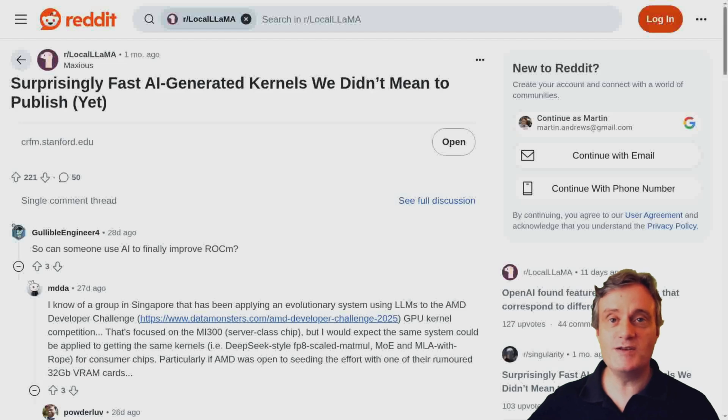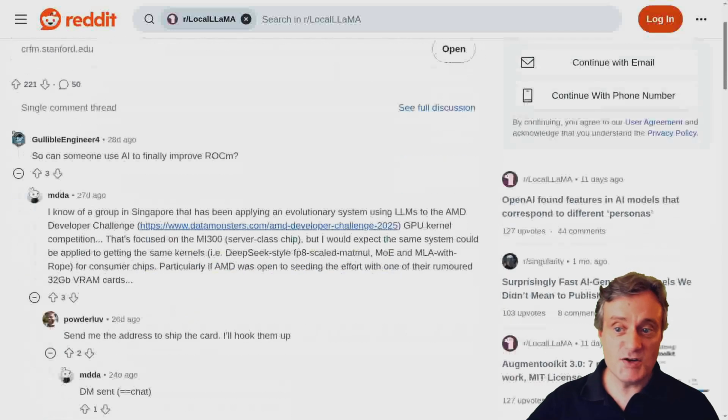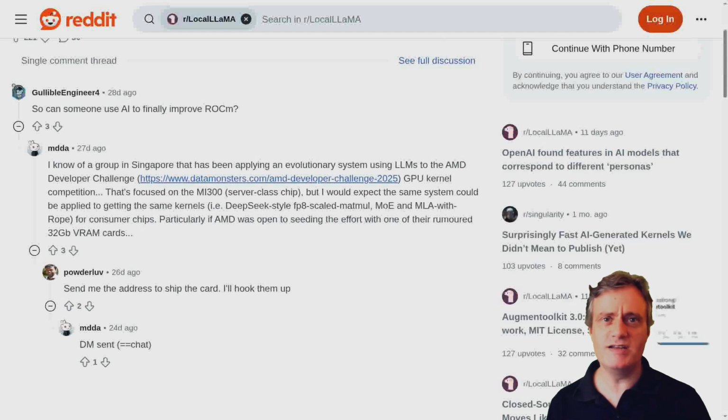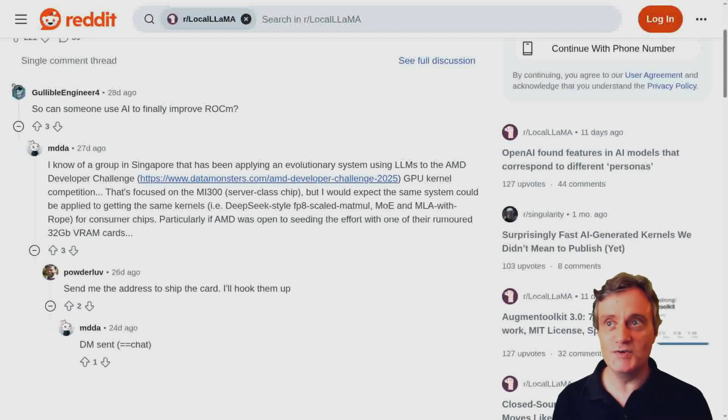Here's something I found on Reddit, which is also very relevant to the GPU kernel question. Someone asked, can someone use AI to finally improve ROCm, which is AMD's machine learning layer equivalent to CUDA or cuDNN? I know a group in Singapore. Since this was before the submission deadlines, I had to be a bit circumspect, which talks about this whole GPU kernel scientist.